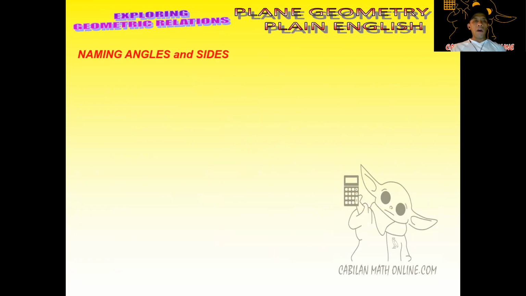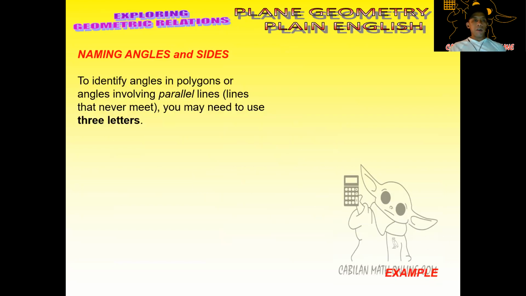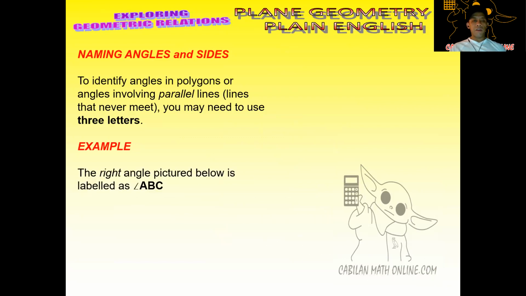All right, another thing I want to go over is some form things that we have to see when we're dealing with angles and sides, and simply the conventions of naming them. To identify angles in polygons or angles involving parallel lines, we have to use three letters. Here we have a right triangle pictured as angle ABC.